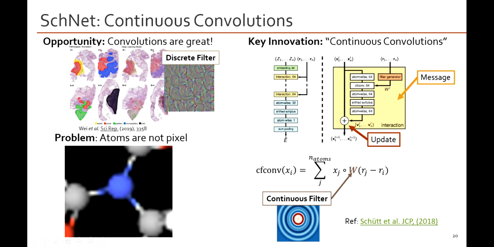That gives me a convolutional neural network that follows this message passing function, where messages are determined by applying this continuous filter based on the distances of each neighboring atom multiplied by the properties of those neighboring atoms, and using that update function to take the old properties and update them to new ones.